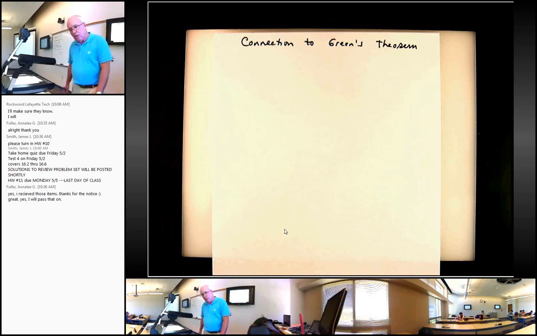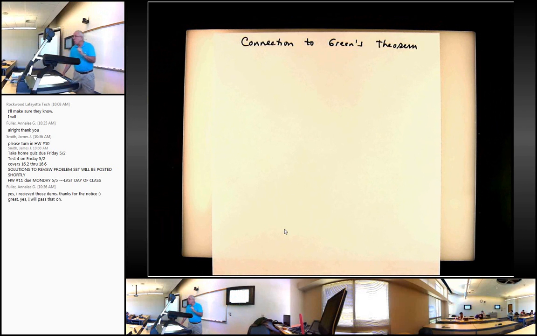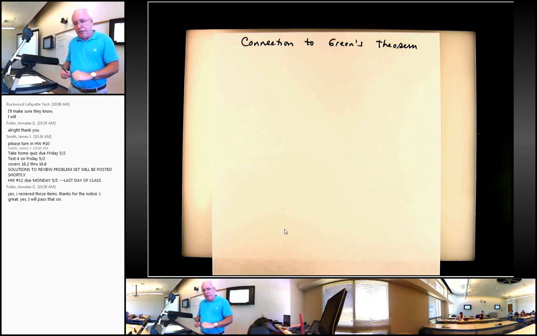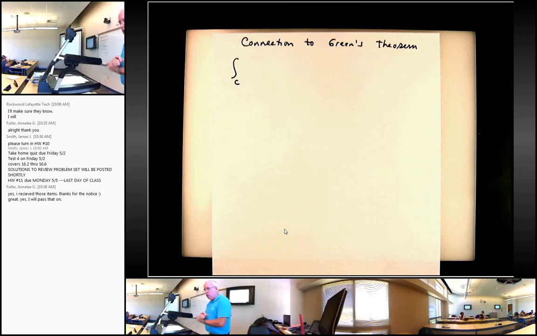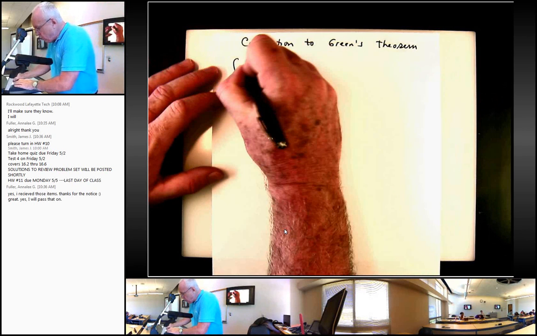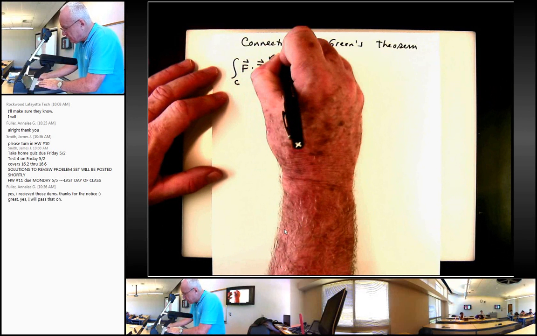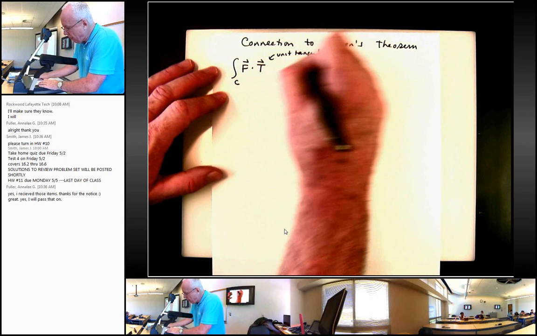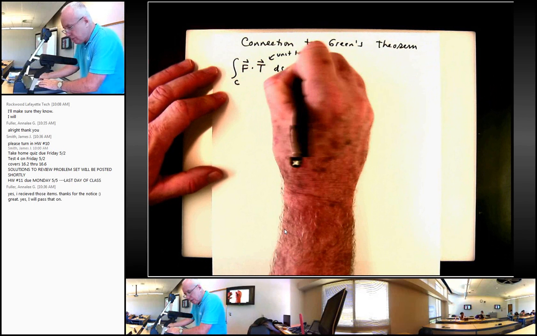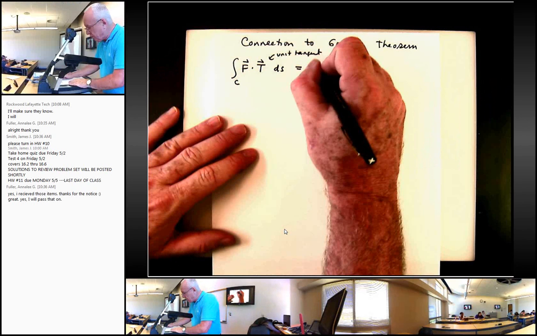All right. Well, first of all, let's rewrite Green's theorem so that we remember what we're talking about here. Green's theorem is this. The line integral along a curve C, where we're dot producting a force times the unit tangent vector, ds. Well, this is the same thing as, there's a bunch of equivalencies here.